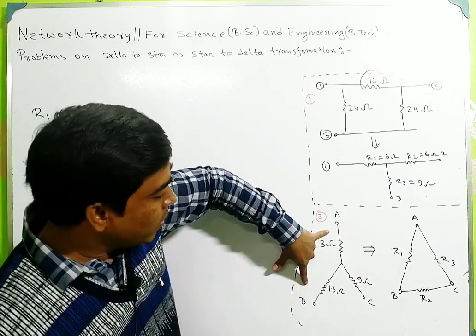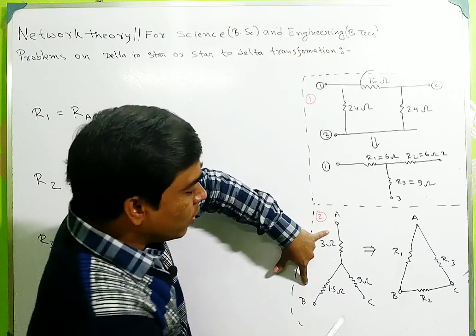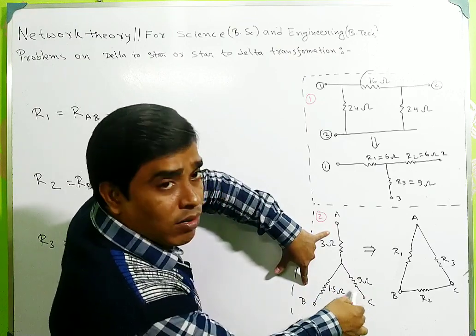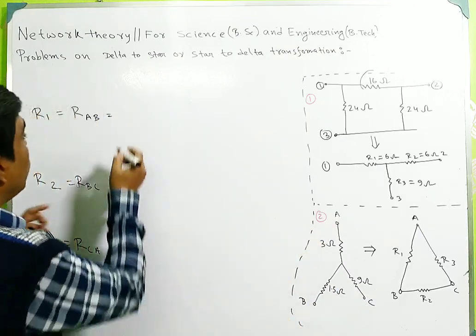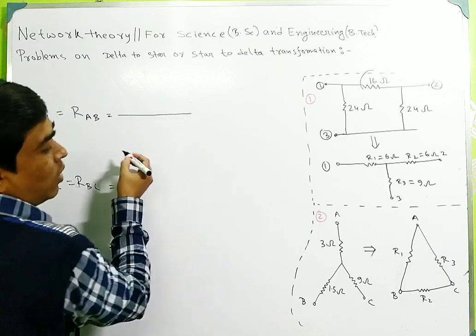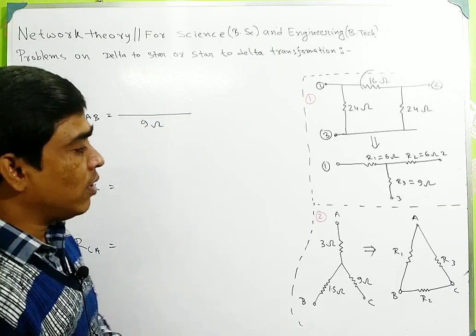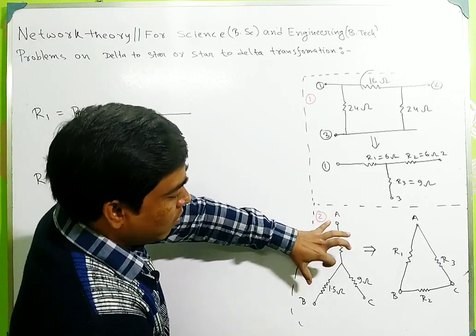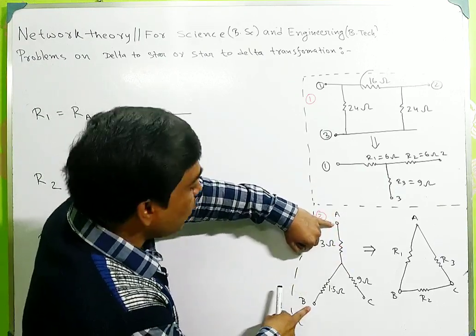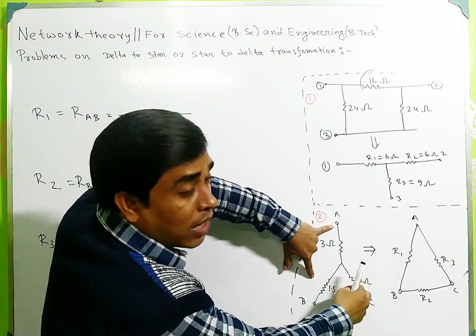In this formation, this is the open resistance, so you have to divide by this 9 ohm resistance. This is the AB node, and the open junction is 9 ohm.